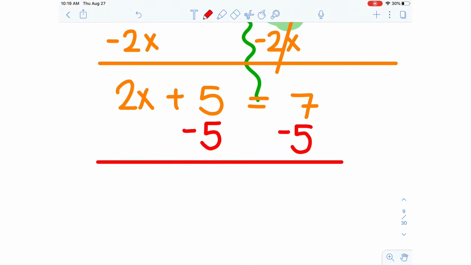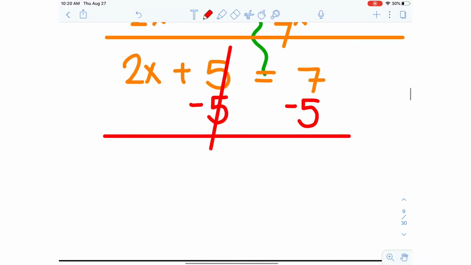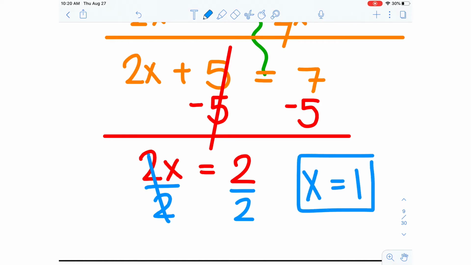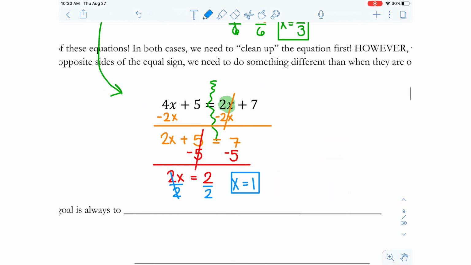You have to subtract. And if it was a minus 5, I would be adding, right? It just depends on the original problem. I'm left with 2x equals 2. No fraction answer here. Divide both sides by 2. So x equals 1. Okay? So that is the main idea.